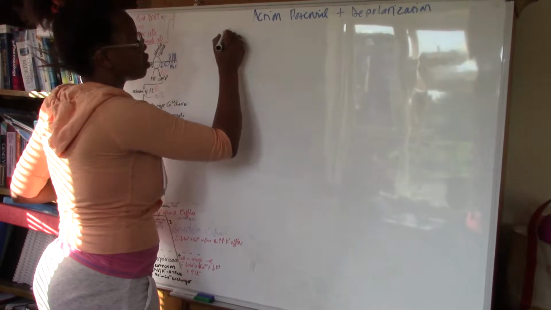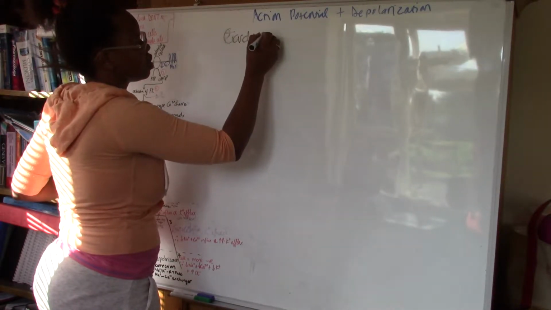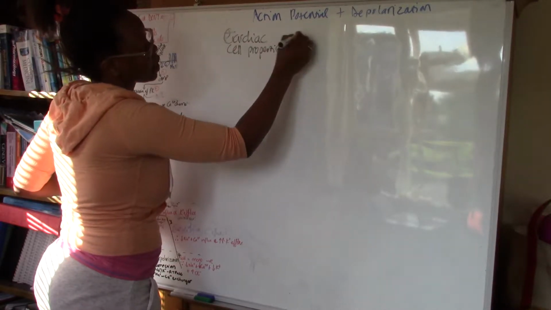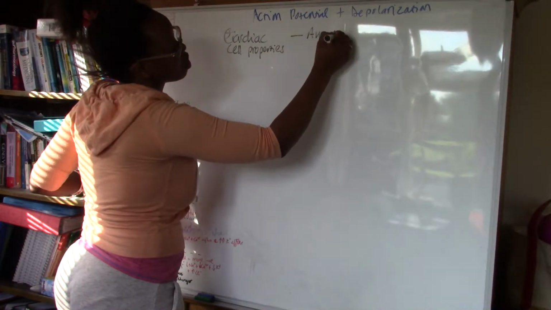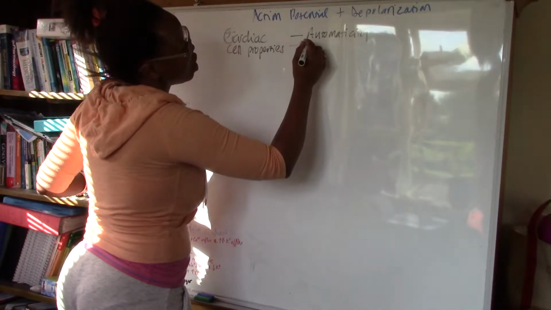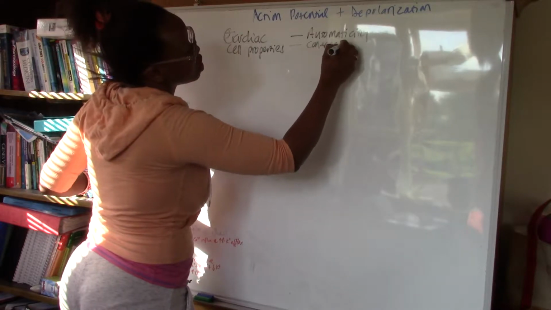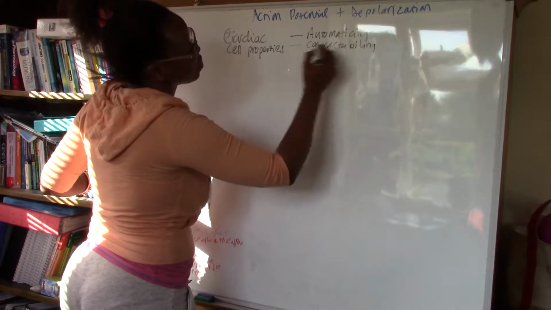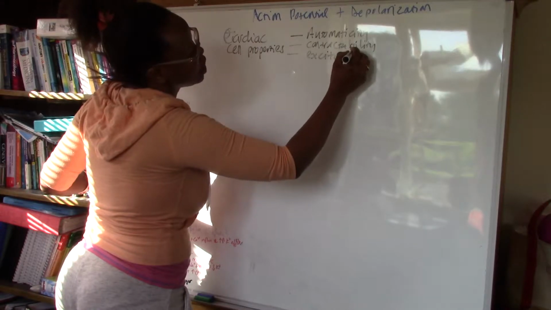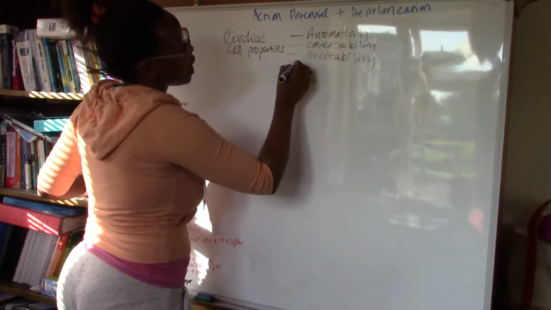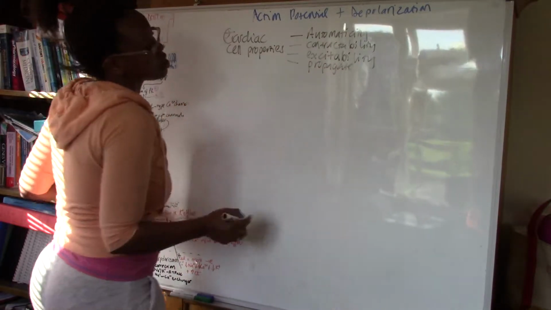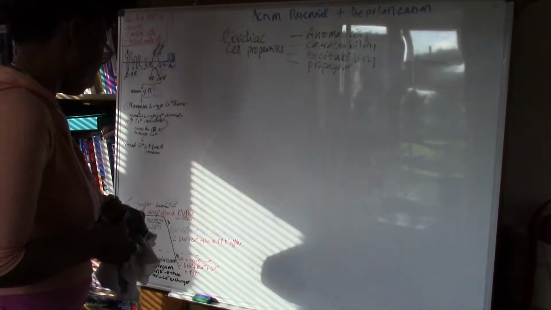Properties include automaticity, contractibility, excitability, and the ability to propagate an impulse that has been formed.